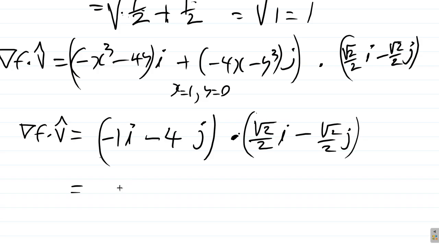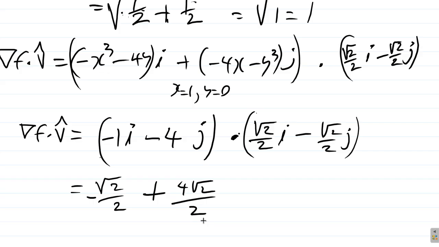So this is equal to negative 1 times square root of 2 over 2, which is negative square root of 2 over 2, and then negative 4 times negative, so it's going to be positive now, 4 square root of 2 over 2.